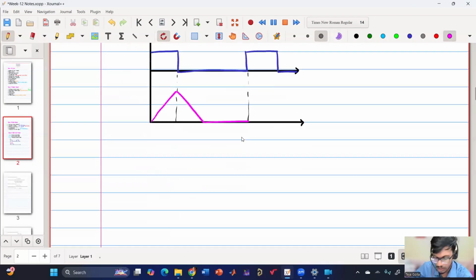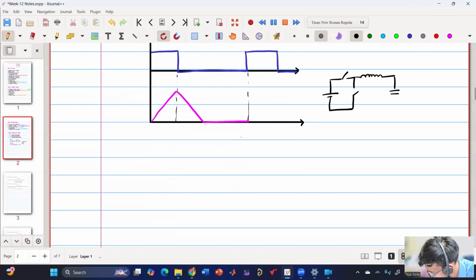Say I'm considering a buck converter, so let me draw it.